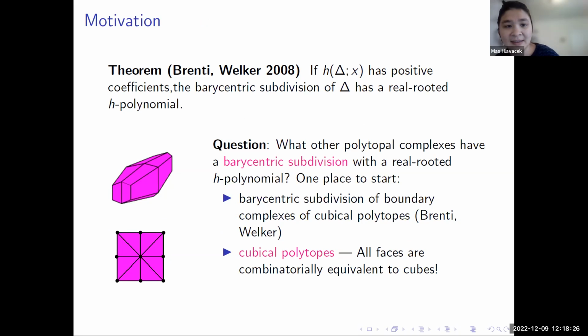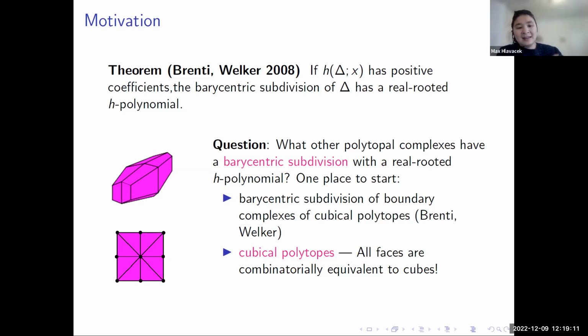So in 2008, Brenti and Welker published this paper that says if you take a simplicial complex and all you know about it is that the h-polynomial has positive coefficients, which is not always true but is a pretty common property of simplicial complexes, then if you do this operation called taking the barycentric subdivision, which we'll define soon, you will get a new simplicial complex that satisfies a much stronger property: it has a real-rooted h-polynomial.